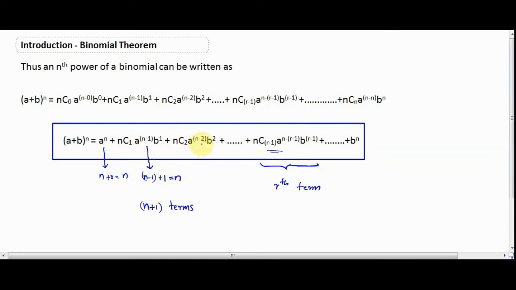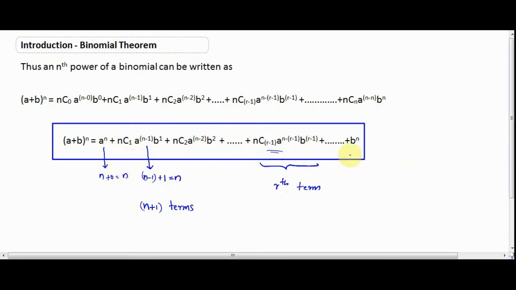So likewise, each of the terms present in this expansion has powers of a and b which, when we add those two, give n. So these three things can be considered as features of this binomial theorem. The rth term is this one, the expansion has n plus 1 terms, and each term has powers of a and b added to a value equal to n.